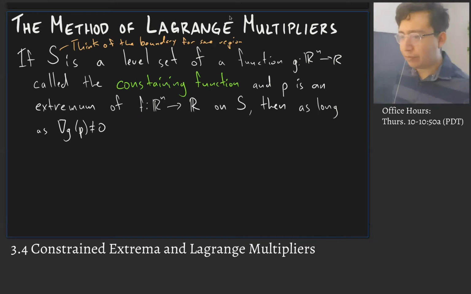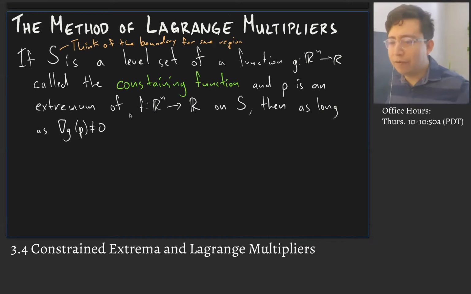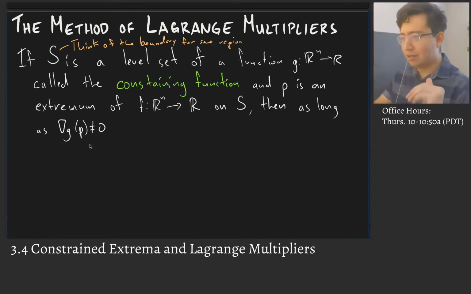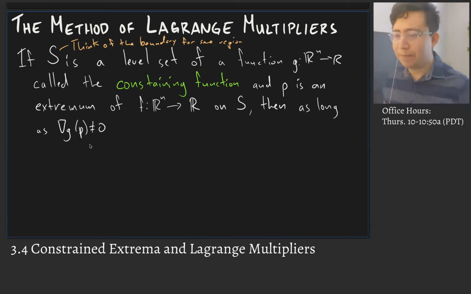What we're looking for are the extrema, but as you may have noticed, a lot of times we're looking for candidates of extrema, so the phrasing is a little weird. If you already have an extremum, then it's going to satisfy a certain property, as long as the gradient of the constraining function is not 0 at that point. This is a little technical thing: just make sure this doesn't happen, and then this nice equation is going to work.